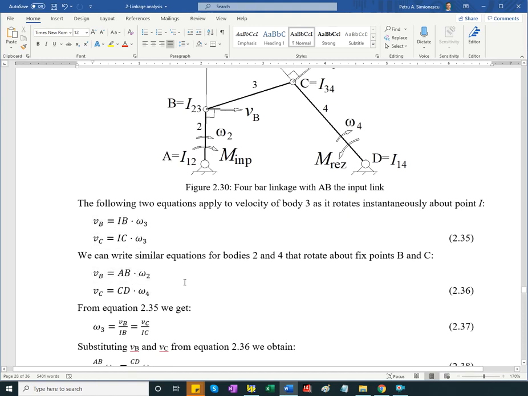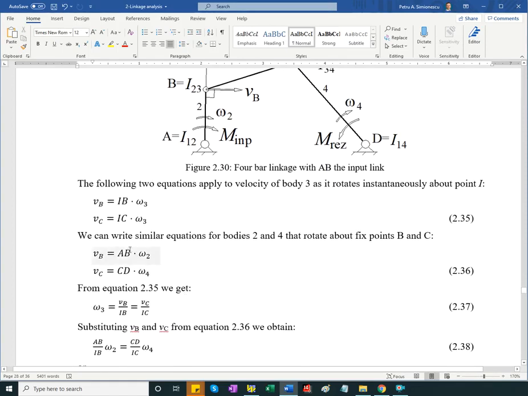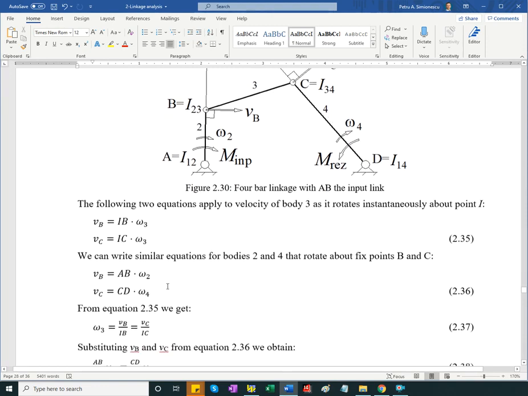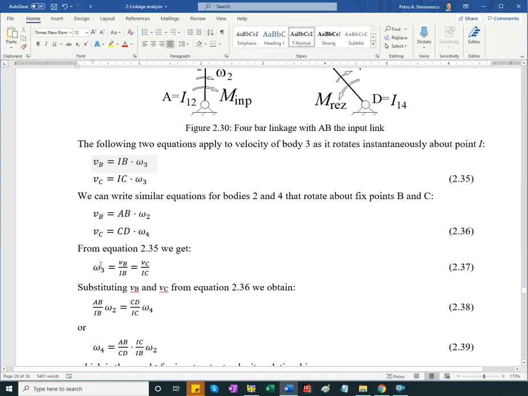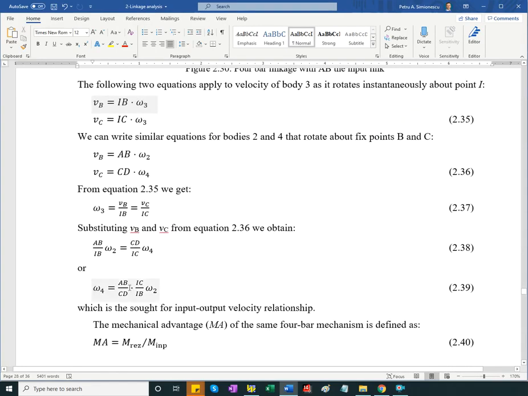Everything is stated here: velocity of B from the perspective of body 3 and of body 2, and of C from the perspective of body 4 as well as body 3. Find omega 3, and then we can find omega 4.